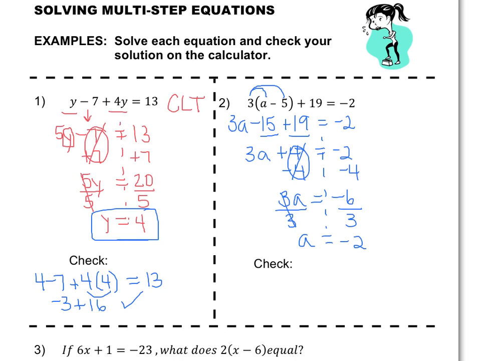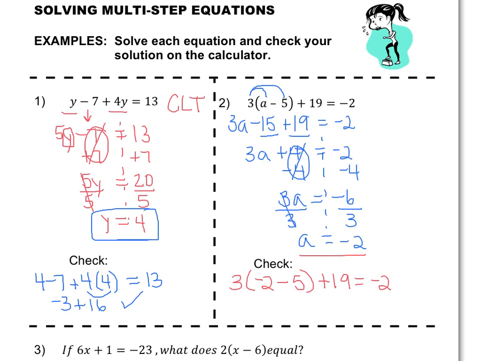So now let's plug it into the equation to see if it works. So we have 3 parentheses. Instead of a, we're going to plug in the number that we got, which was negative 2, and then minus 5. Close your parentheses, and then we have plus 19 equals negative 2.